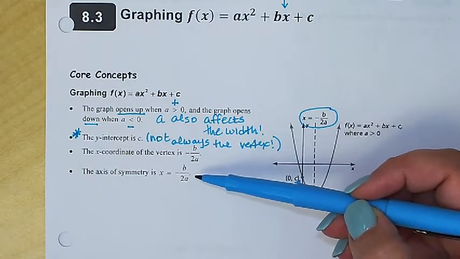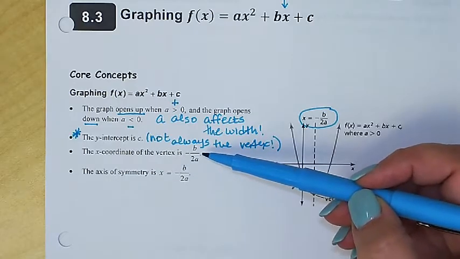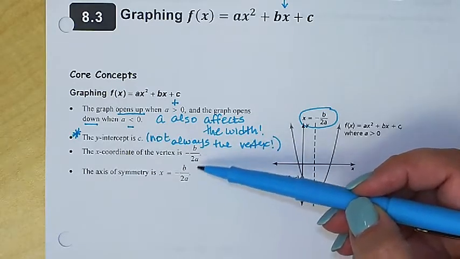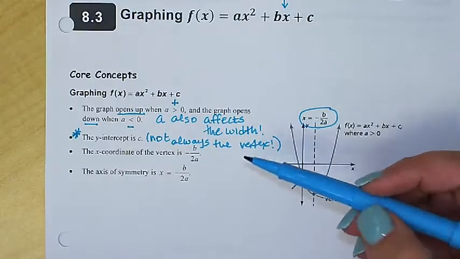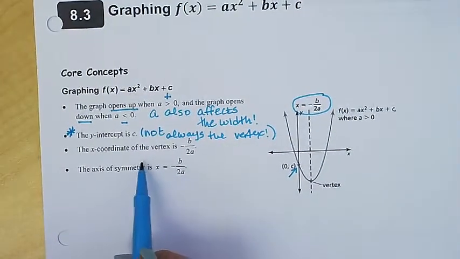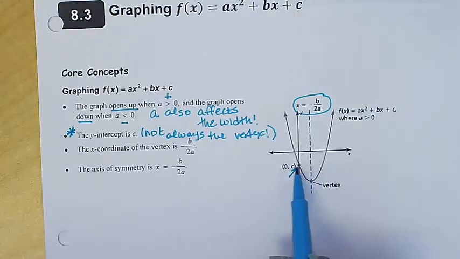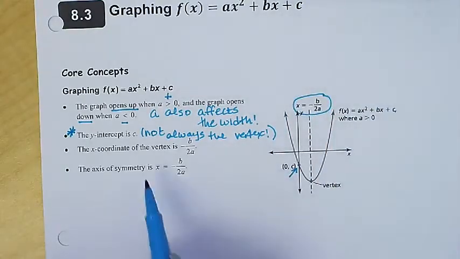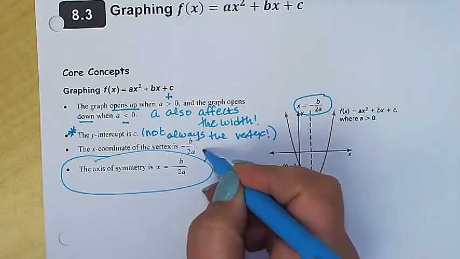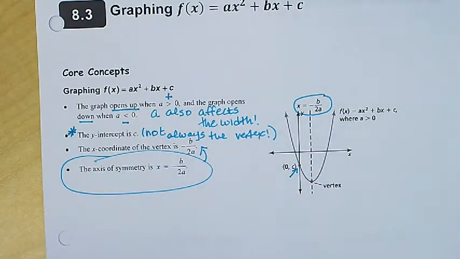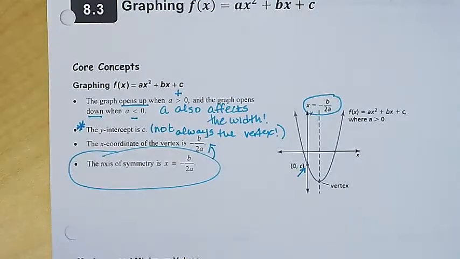It'll give us the axis of symmetry, which is also the x-coordinate of our vertex. Remember, those should always match, and sure enough, they are the same thing here. So we're going to find out, did it move to the right or to the left, and where did that axis of symmetry go, by using that formula, and then that same value will be the x-coordinate of our vertex.